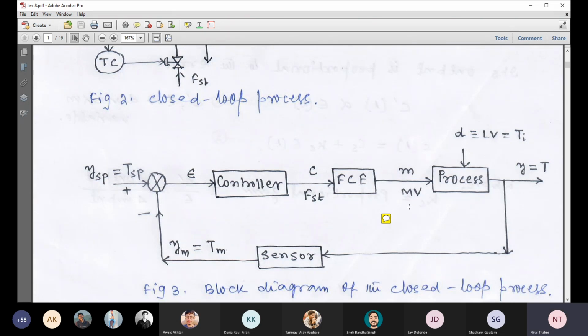So you just place here FST. So you understood this, or if you have any question, you can ask me, or if you have any doubt. So I hope it is clear to everyone.